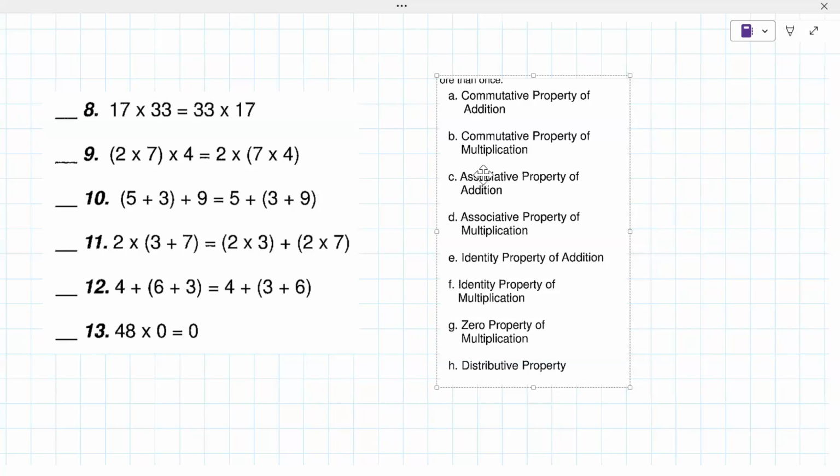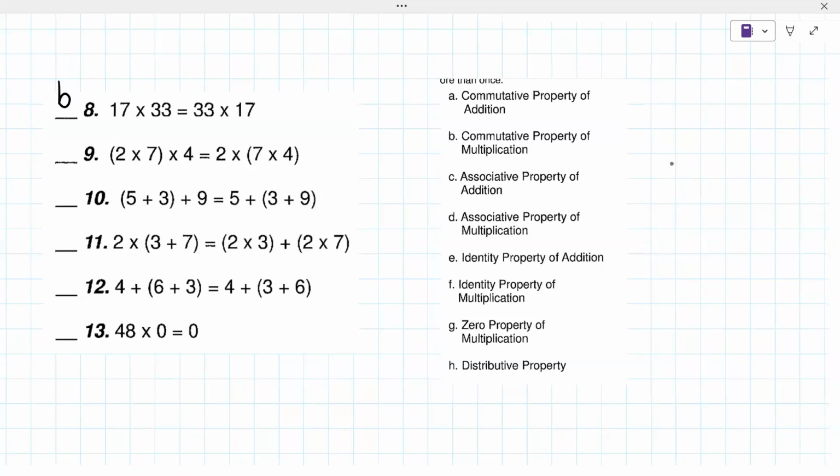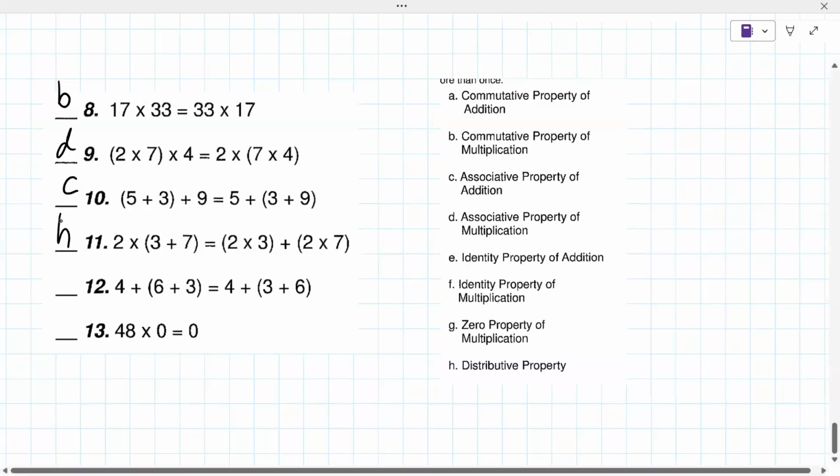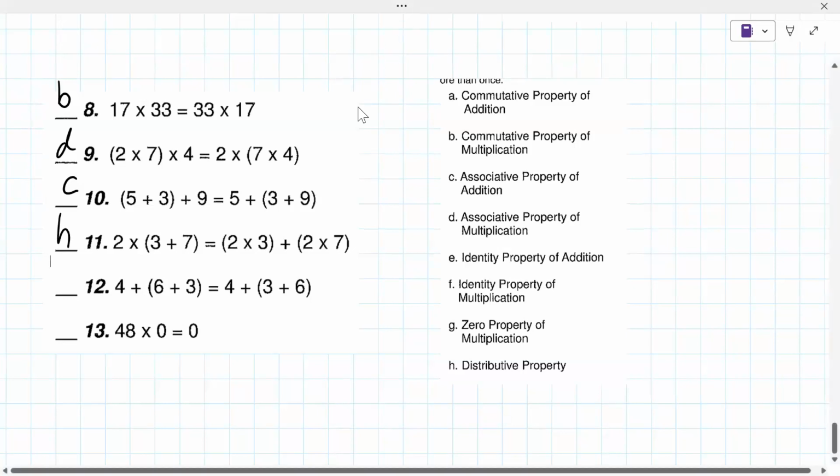All right, we'll give this a try. 8, 9, 10. We've got six here for you to try. 8 is A. Sorry, no, B. Okay. 9 is B, D. Okay. 10 is C. Okay. 11 is H. Okay. 12 is A. It is.